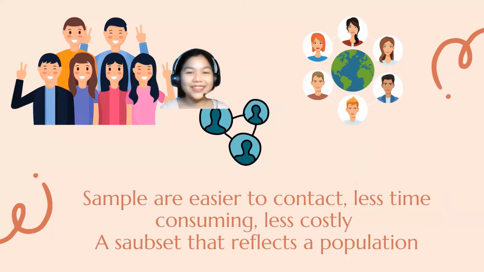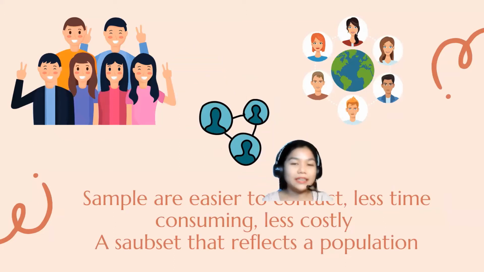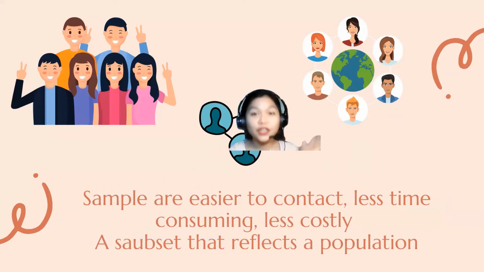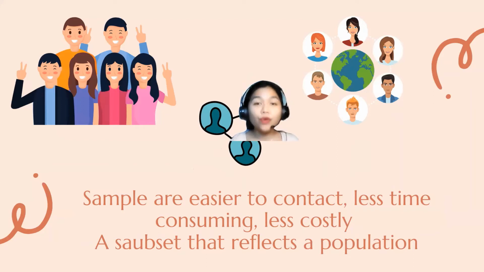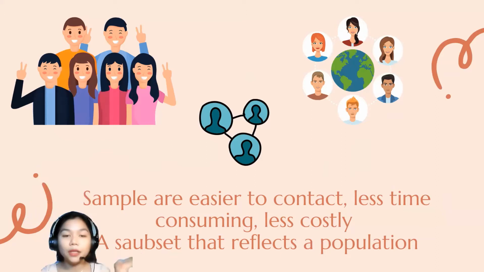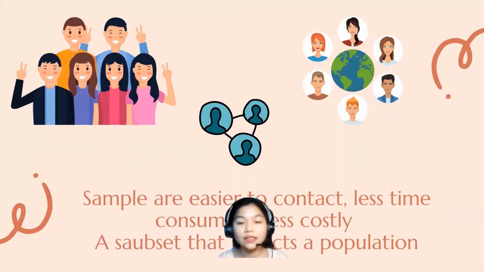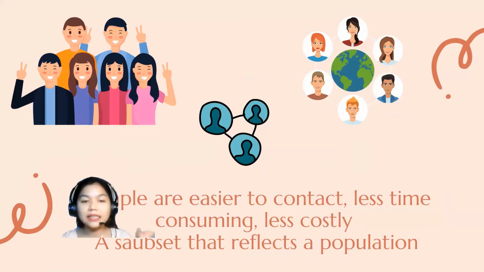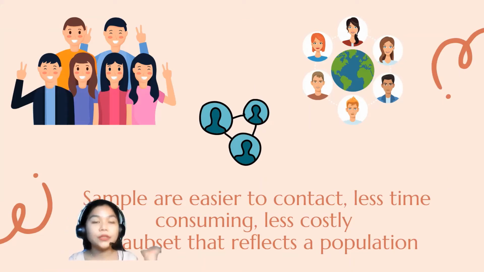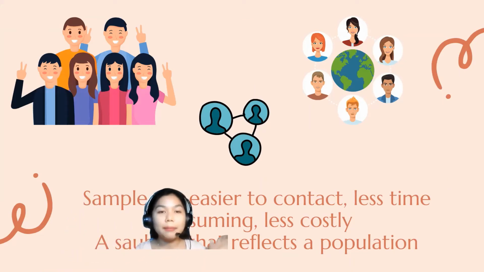Why? Because samples are easier to contact. You need less time; it's less time consuming. It's less costly, though you still need, of course, to use money and resources, but at a minimal rate. And rest assured that the sample, or subset, reflects a population. Again, samples are subsets, sub. So they are a subset that reflects a population.